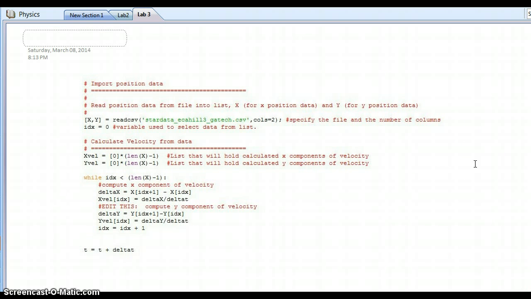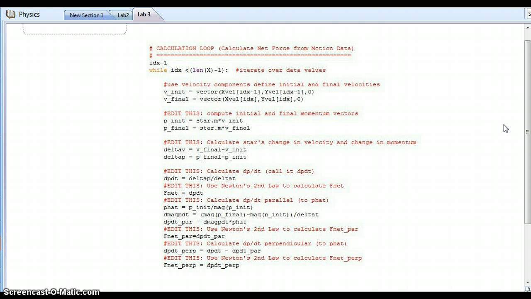Here, the model takes in the data from the CSV file. The first while loop uses the position data to compute the velocity of the star during each time interval as it moves around the black hole. In the second while loop, the initial and final velocities just calculated are used to compute the initial and final momentums of the star by multiplying the star's mass times the respective velocity.